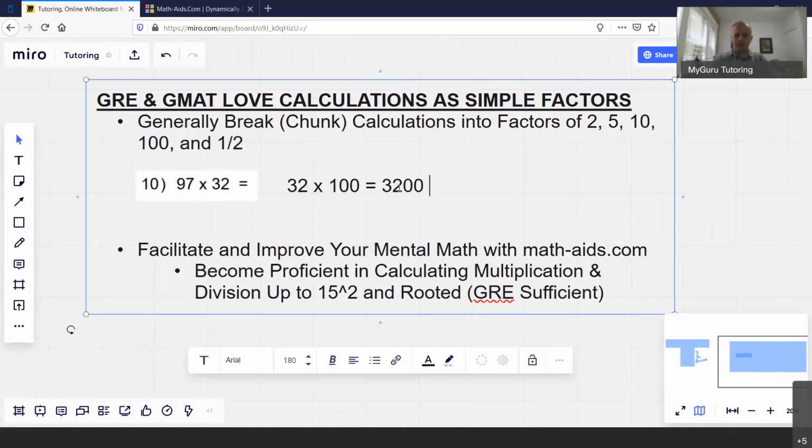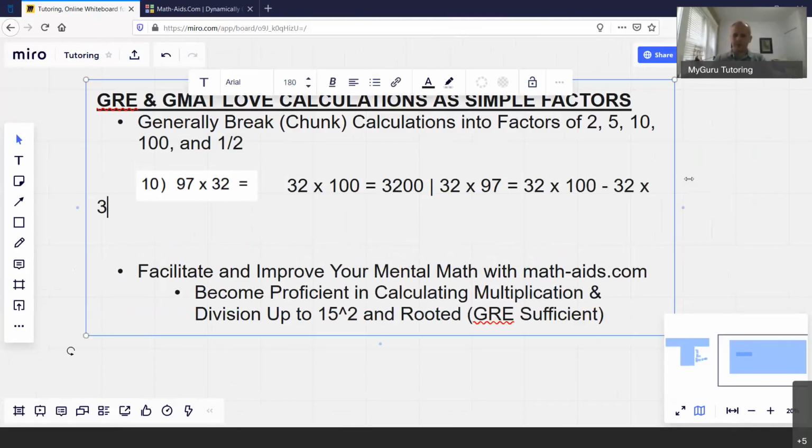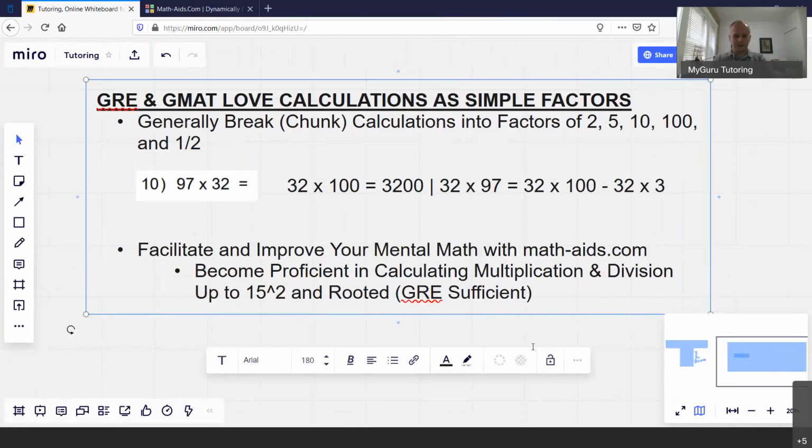Well, we know that 32 times 97 is going to be equal to 32 times 100 minus 32 times 3. So what would 32 times 3 be if we just did that in our heads? 96.